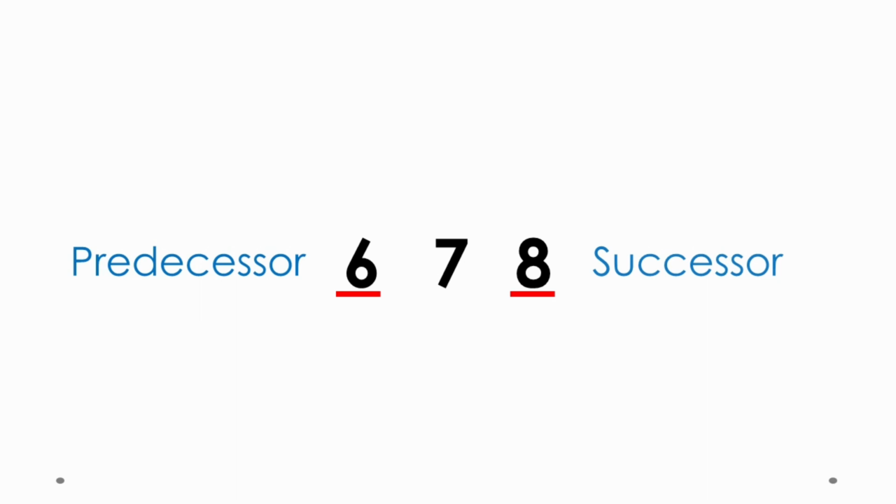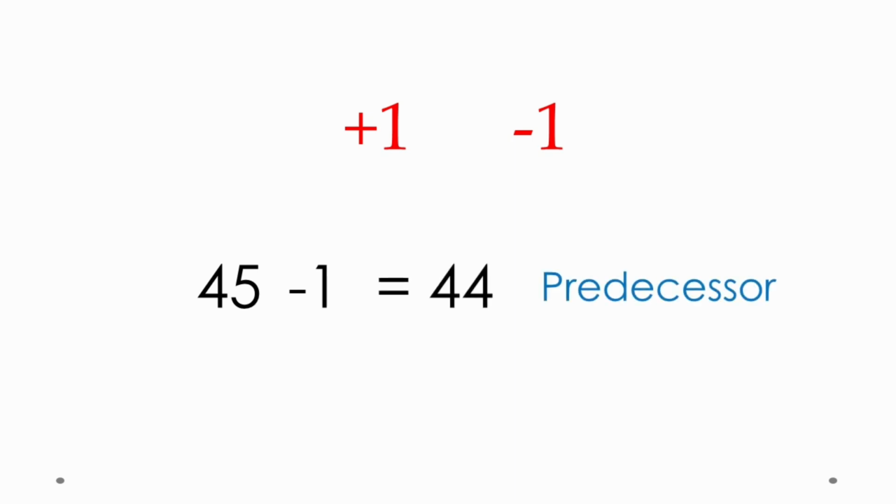It is easier to find predecessors and successors of small numbers, but how do we tackle the bigger numbers for this? Just remember a simple formula of +1 and -1. If you subtract 1 from the number, you will get the predecessor. And if you add 1 to the number, you will get the successor.